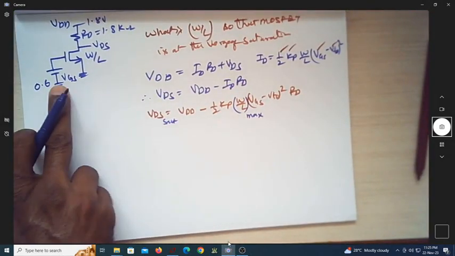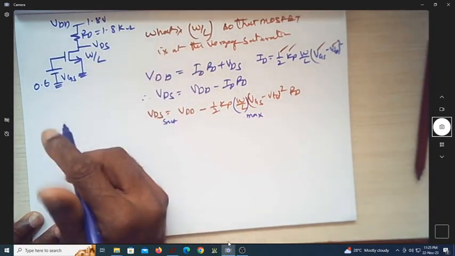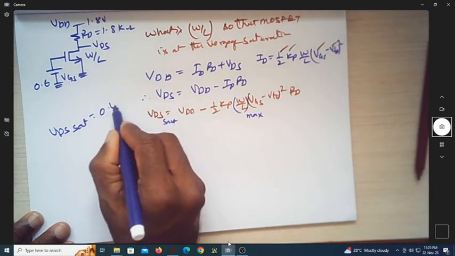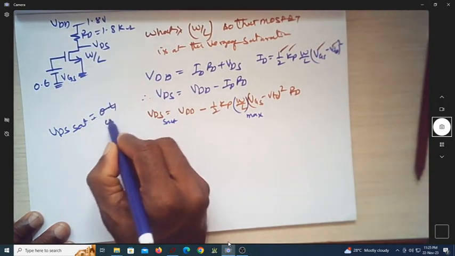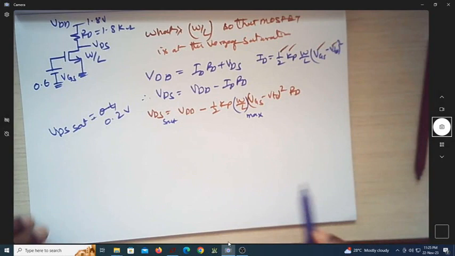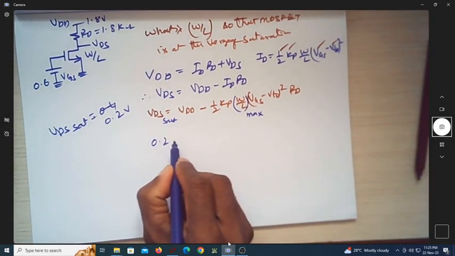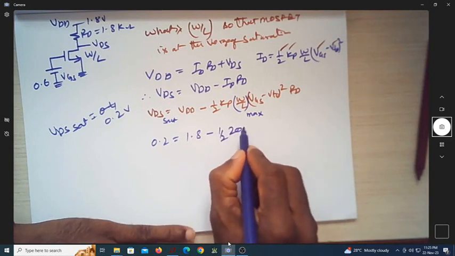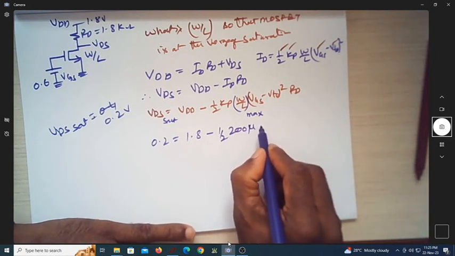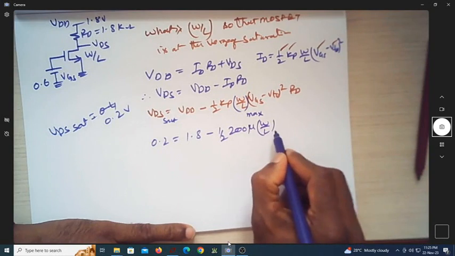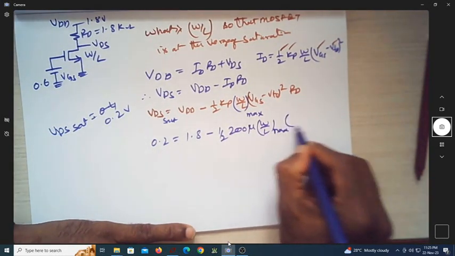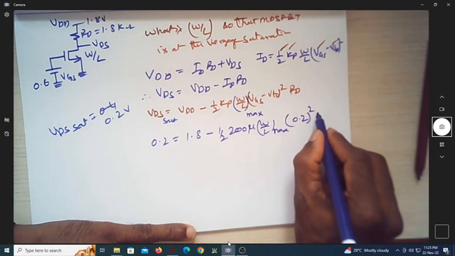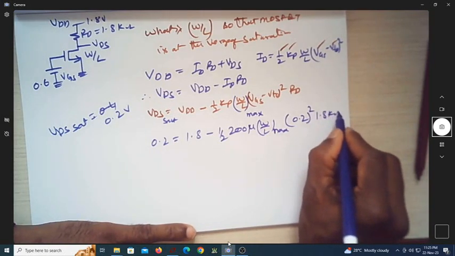Since your VGS is 0.6 and VOV is 0.4, VDS sat for this problem is 0.2 volts. So 0.2 is equal to 1.8 minus half into 200 micro, with W by L as the unknown parameter max, into 0.2 whole square into RD, which is 1.8 kilo.